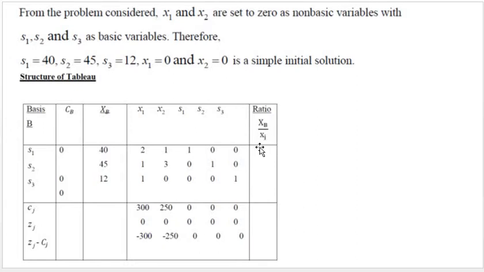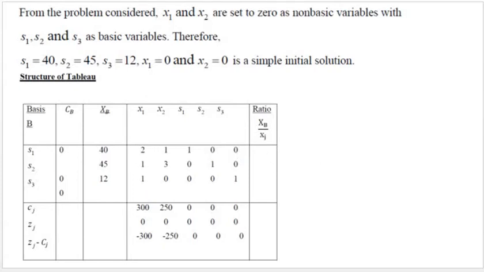To get the leaving variable, calculate the minimum ratio with respect to the entries in this selected column. So we need to divide entries in XB by entries in this selected column. So it is like 40 divided by 2, 45 by 1, 12 by 1. There is no need to consider negative values and 0 in this column.